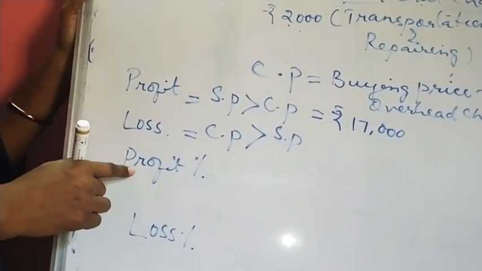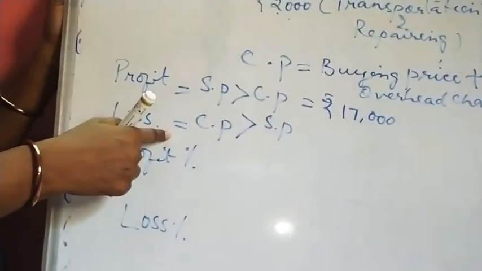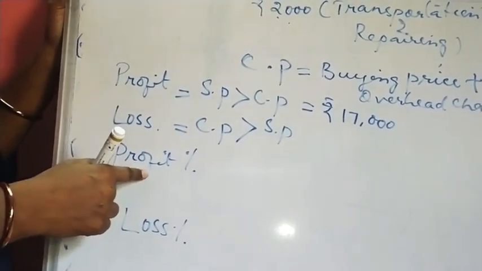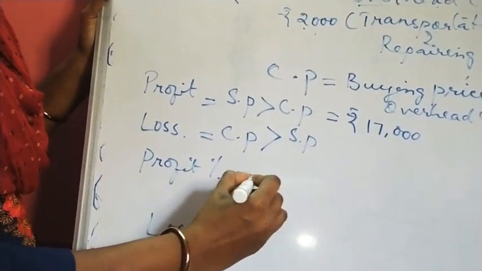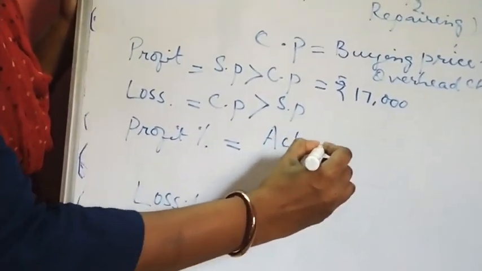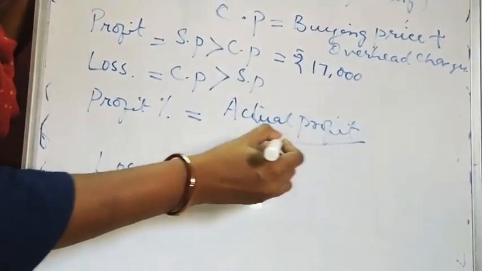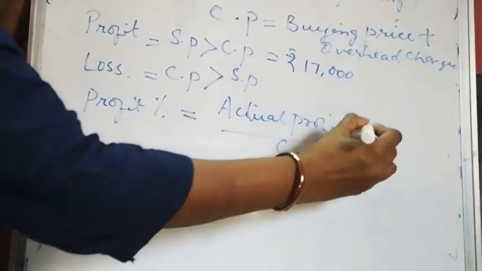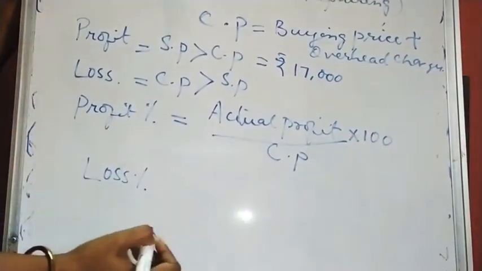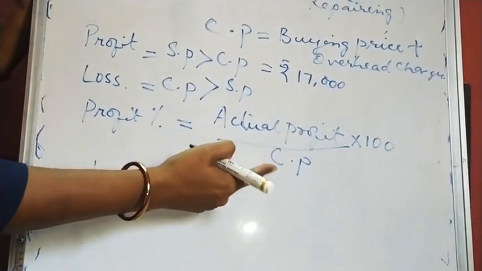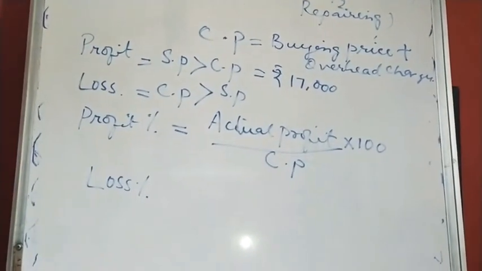So now we are going to look at this formula to calculate the profit percent. I hope you understood till here. Now for calculating the profit percent, we get actual profit by CP into 100. So actual profit by the cost price into 100.